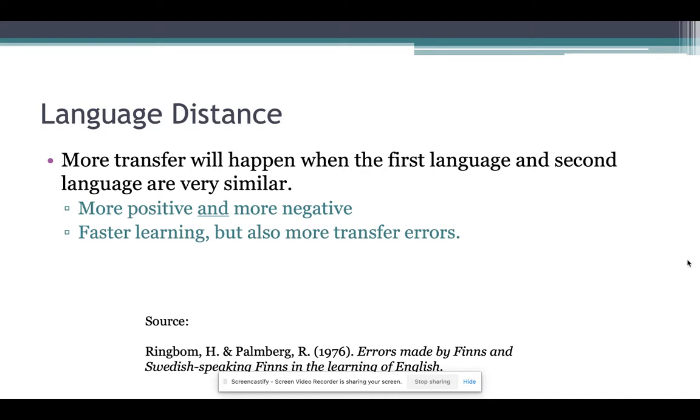He'll make a lot of errors, but they won't be caused by the first language. Instead, they'd be caused by overgeneralizing, misunderstanding, or misapplying a rule he's learning in English, which is what we call developmental errors. So, in this view, again, transfer is neither positive nor negative. It's just transfer. It speeds up learning, but it causes errors.